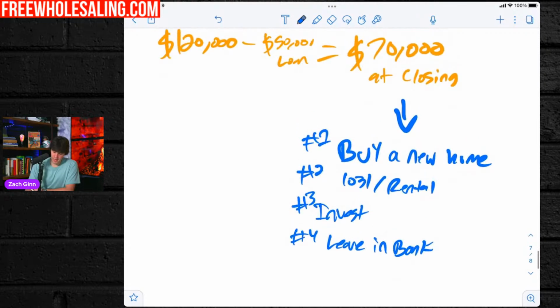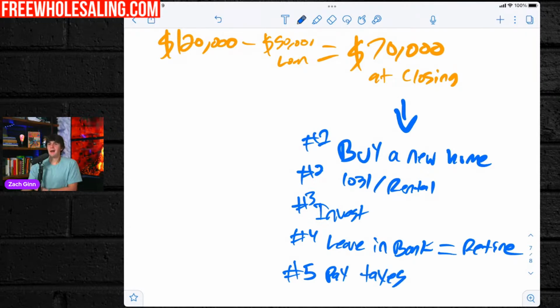Or number 5, they leave it in the bank basically to retire, right? And then possibly they use a lot of that cash to just pay the taxes. That's really what people do when they sell the house. There's other things to do, but that's honestly what they're doing.